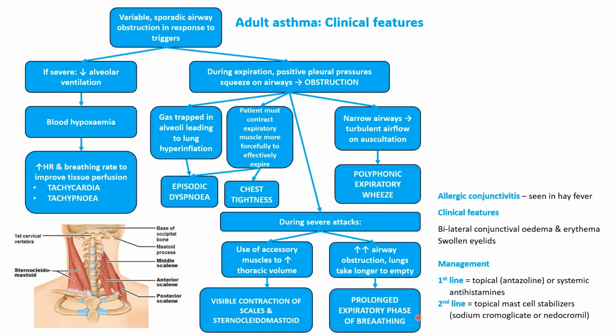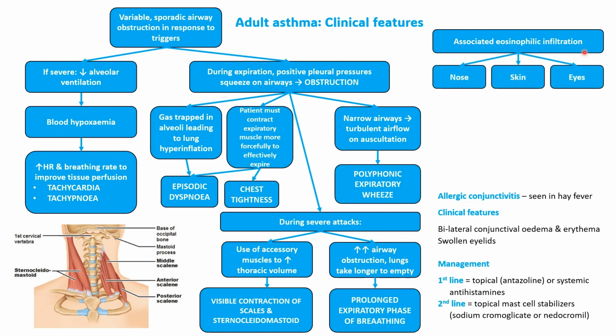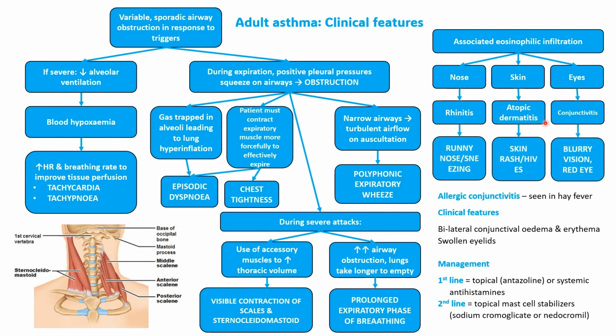Okay, so if there's associated eosinophilic infiltration of the nose, the skin, and the eyes, related to the nose, that's going to be rhinitis, to the skin, atopic dermatitis because it's allergic, and the eyes, conjunctivitis. So this can present with a runny nose, a skin rash. You might call it an urticarial skin rash, and also blurry vision or red eye related to the conjunctivitis. And then this little part at the bottom here about allergic conjunctivitis is for your own reference. It includes some of the clinical features and the management too.